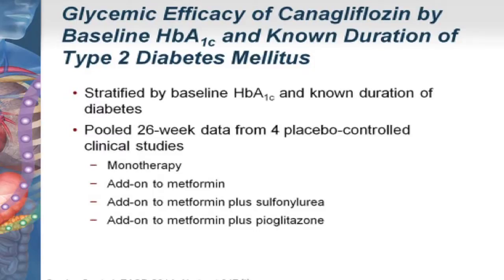So those longer duration of diabetes patients, does this agent still work? And this is a study that was presented at the EASD a year ago, where they stratified the baseline A1Cs as well as known duration of diabetes, and they did 4 things. Had patients on monotherapy, add-on to metformin, add-on to metformin plus an SU, and then add-on to metformin plus pioglitazone.